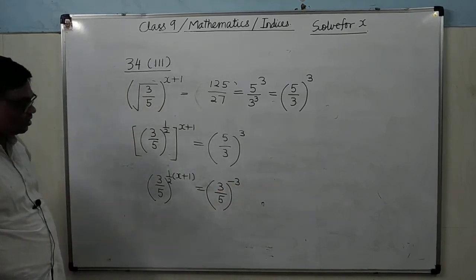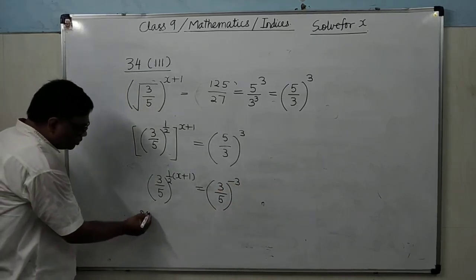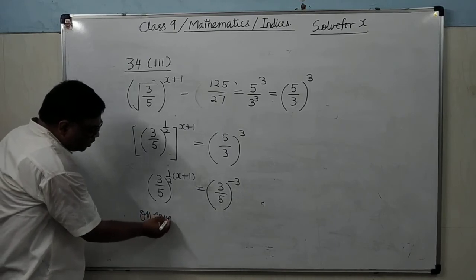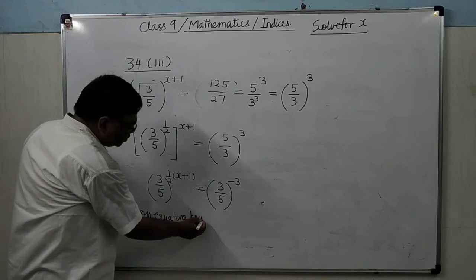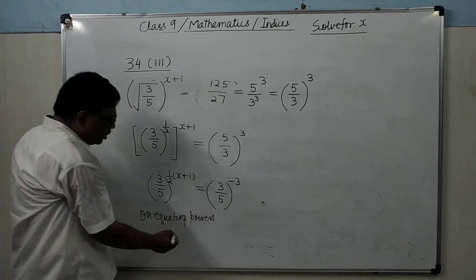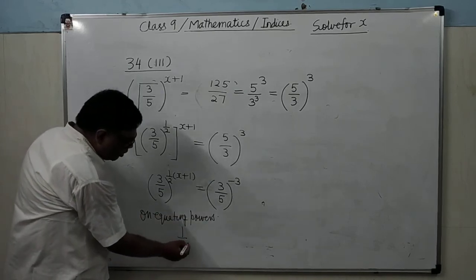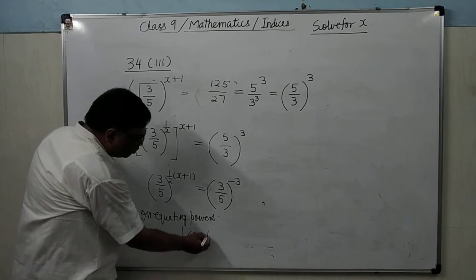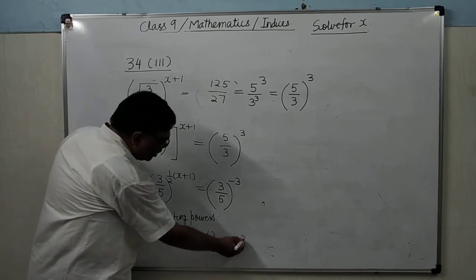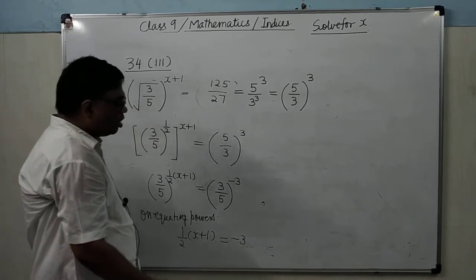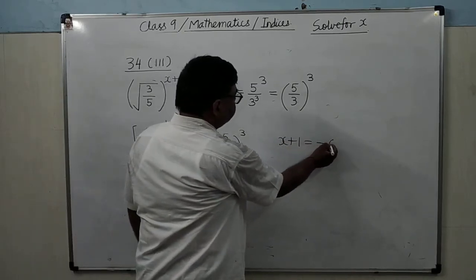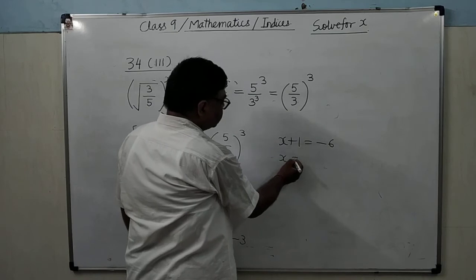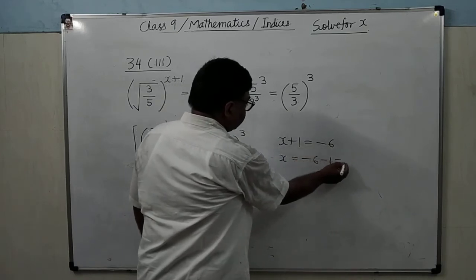Now bases are the same, so on equating powers, 1 upon 2 into x plus 1 equals minus 3, or x plus 1 equals minus 6. So x equals minus 6 minus 1, that is minus 7.